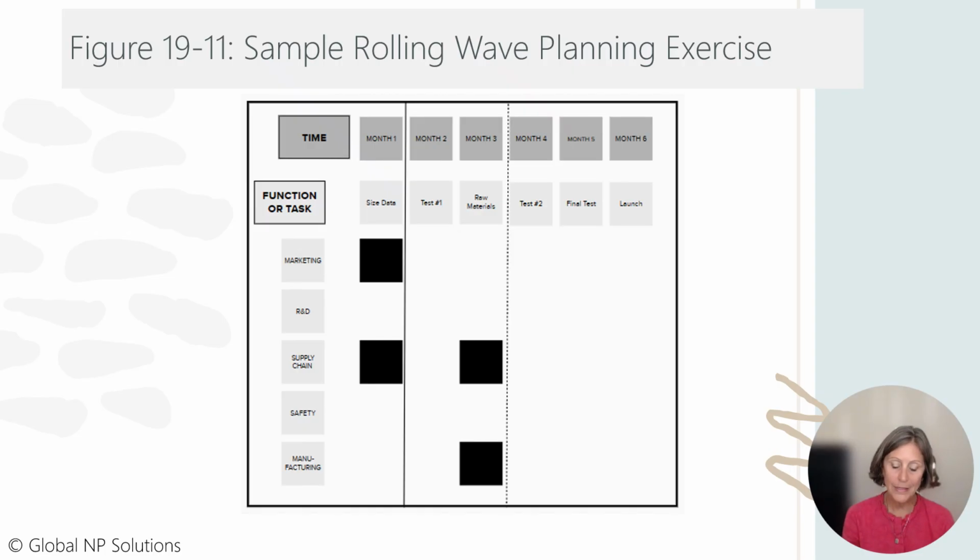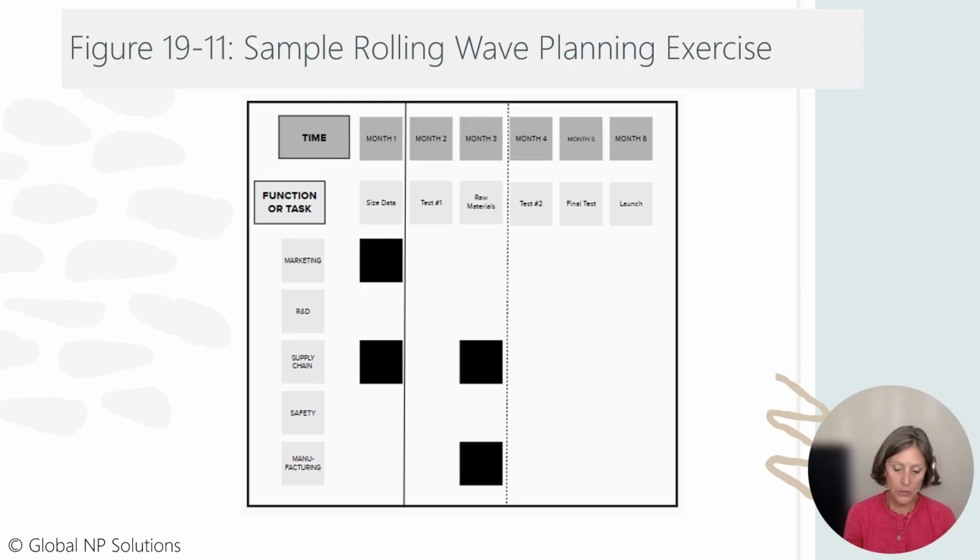Rolling wave planning is an iterative technique that generates detailed plans for the near term, but future work is planned only at a high level. As knowledge and learning grow, the future plans are detailed further. An example of rolling wave planning from a lean product development workshop is shown in Figure 19-11.